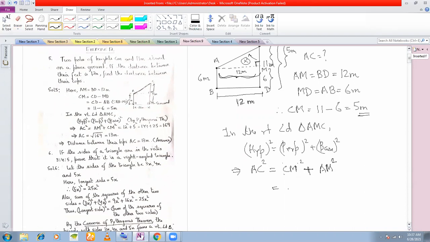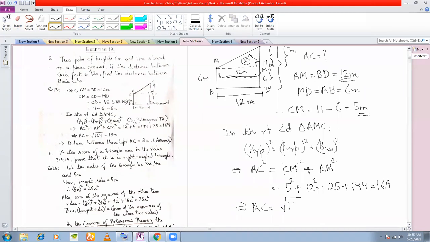We have found out to be 5 square. And AM, how much do we know? We have AM is 12. So this is 25 plus 144, which is equal to 169. That means AC here is square root 169, which is equal to 13 meters. That is the distance between the tops.